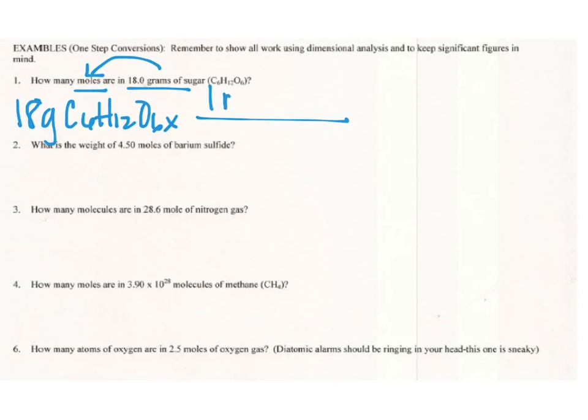In 1 mole of sugar, go and get me the molar mass of sugar. 180.18 grams. Our answer needs to be in 3 sig figs because it's 18.0 grams.